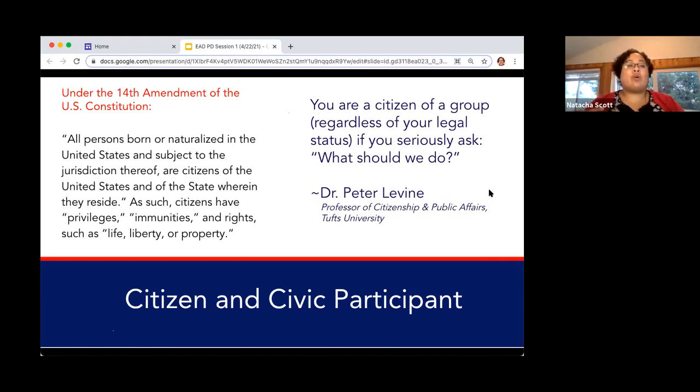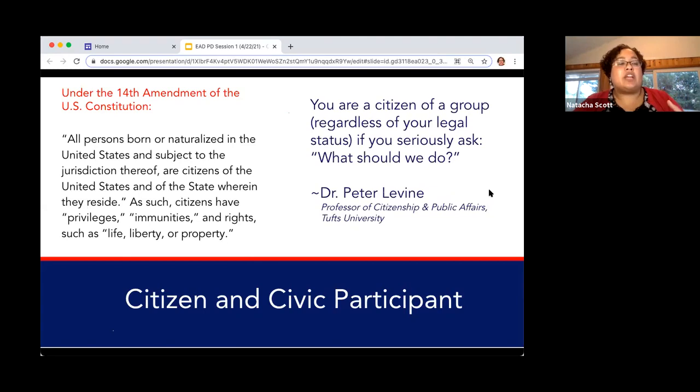Though with the roadmap we do believe that students need to understand the term citizen and the framing of citizen from a legal concept, in our work we also think it's important to have that broad understanding of the citizen as a member of a group and a part of a community, caring and thinking about what should we do.